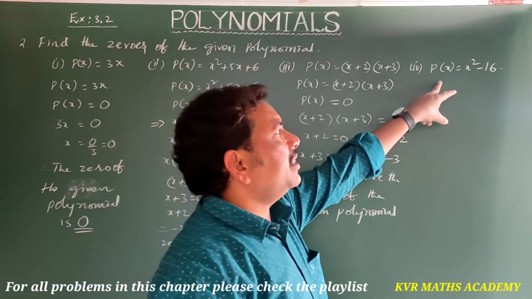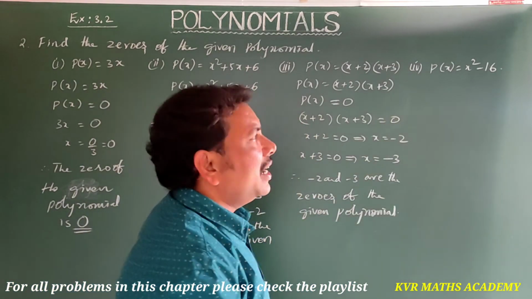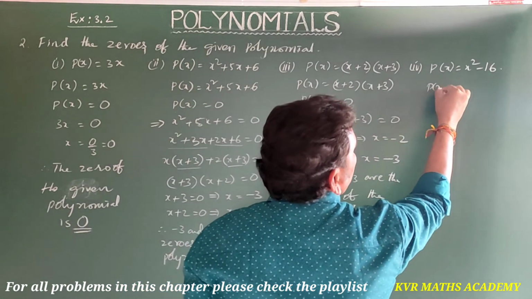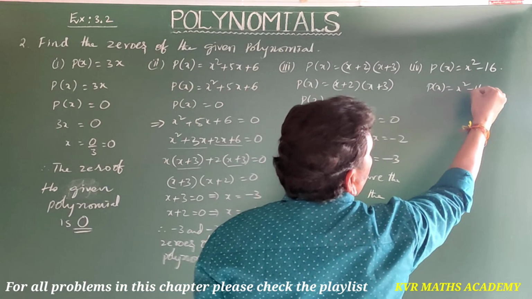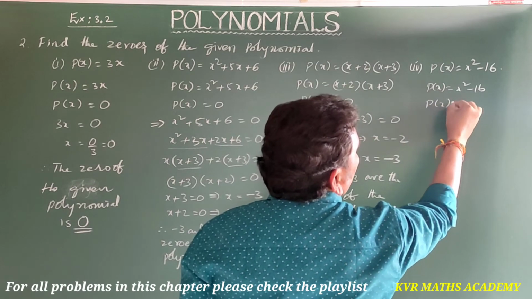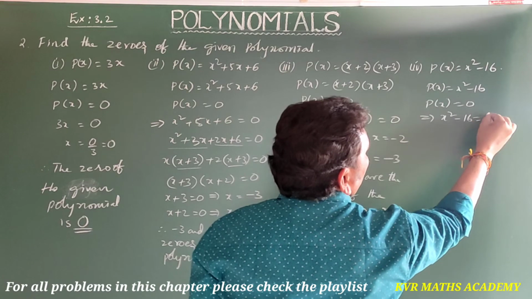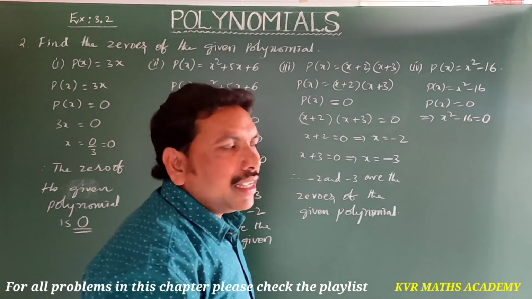Final one, P of x is equal to x power 4 minus 16. Let us take P of x is equal to 0. That implies x power 4 minus 16 is equal to 0, isn't it?